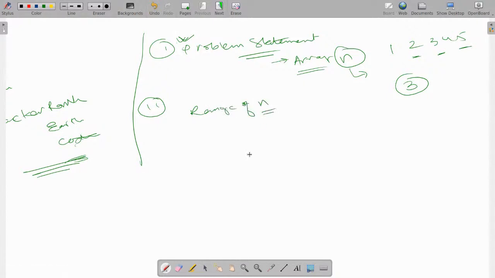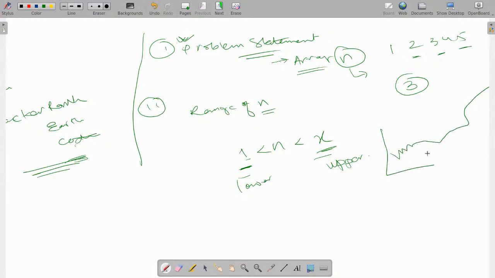They will tell you that n lies between some lower value and some upper value. And why is this range important? Because while dealing with complexities or algorithms, as we have already seen, for different input values the algorithms behave differently.